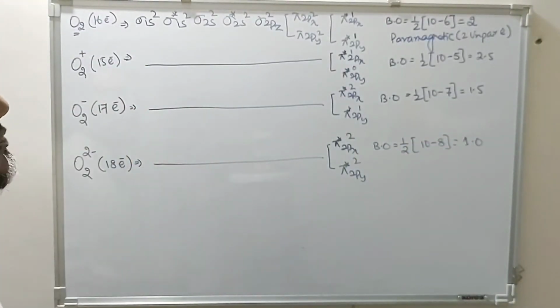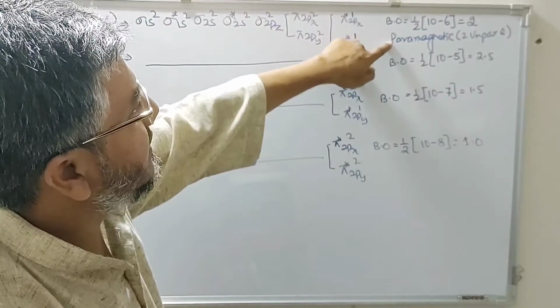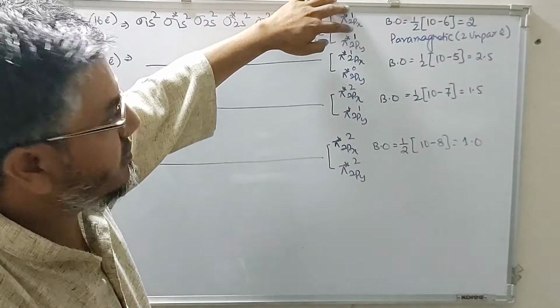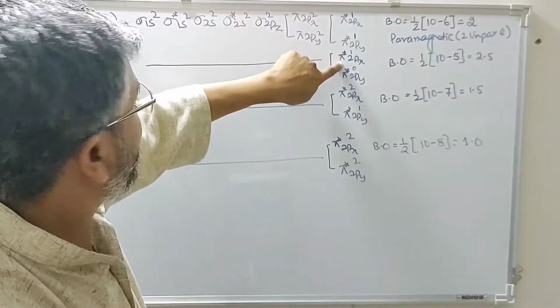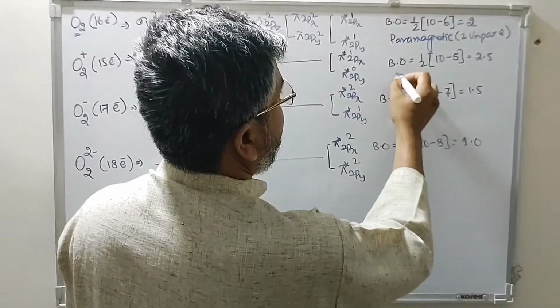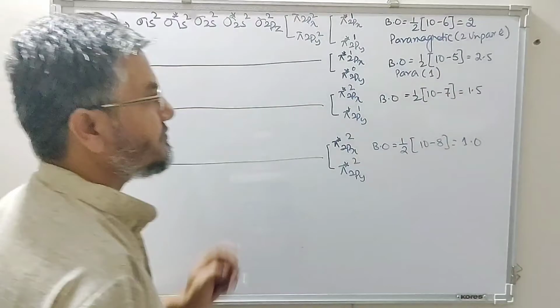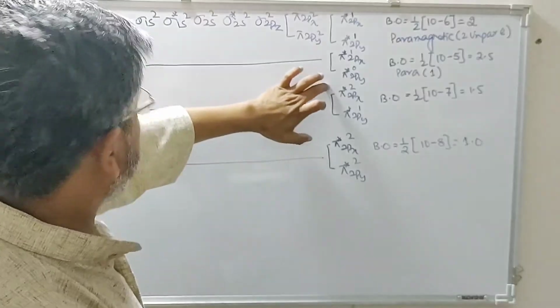Now coming to magnetic property, the first one is paramagnetic due to the presence of two unpaired electrons. Second, O2 plus still contains one unpaired electron, so this is again paramagnetic.